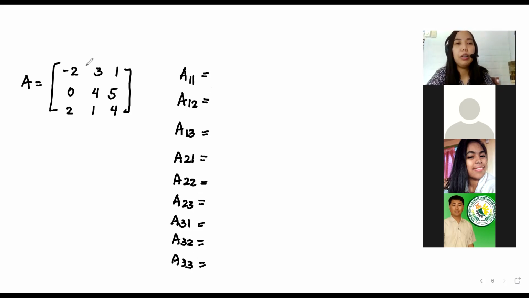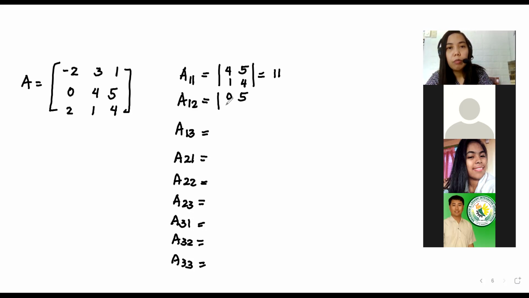Okay, so 1,1. Delete. May matitirang 4, 5, 1, 4. Pwede nyong isulat yung natira or diretso na, pero isulat natin para hindi tayo malito. So 4 times 4, 16, minus 5, it's 11. 1,2: delete, 0, 5, 2, 4.